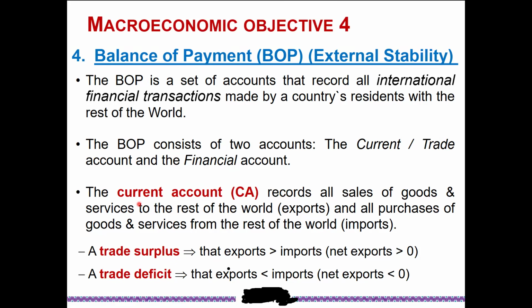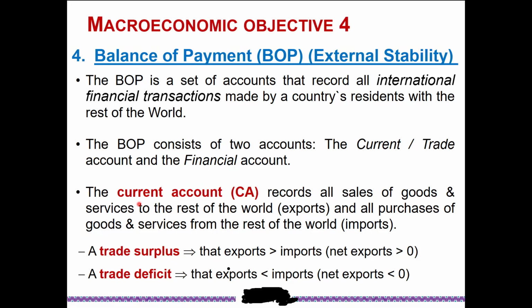So really, how do we interact with the rest of the world? Through exports and imports. So if the current account records all sales of goods and services, it's obviously through what? Exports and imports, because that's how we interact with the rest of the world. We interact with them via exports and imports.